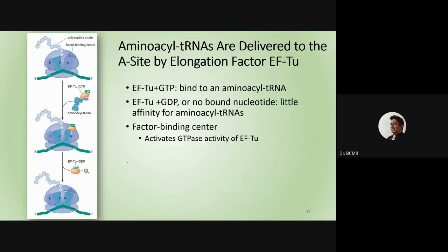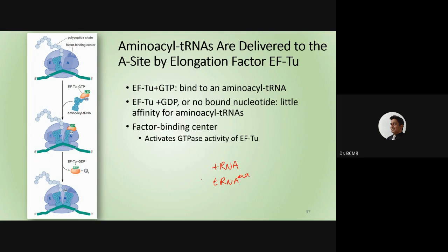So the first thing we will learn is how the tRNA is coming into the A site. And first of all, what should come? You have just tRNAs and you have tRNA charged with an amino acid. I'll just put it as AA.